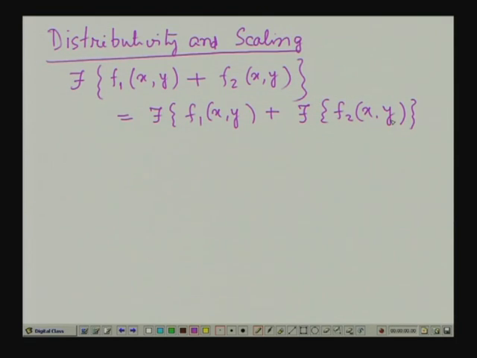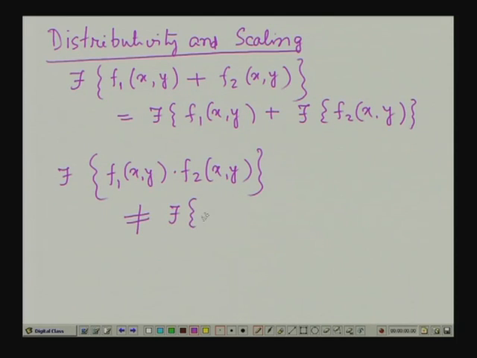But if I take the multiplication, that is f1 xy into f2 xy, and take the Fourier transformation of this product, this in general is not equal to the Fourier transform of f1 xy into the Fourier transform of f2 xy.